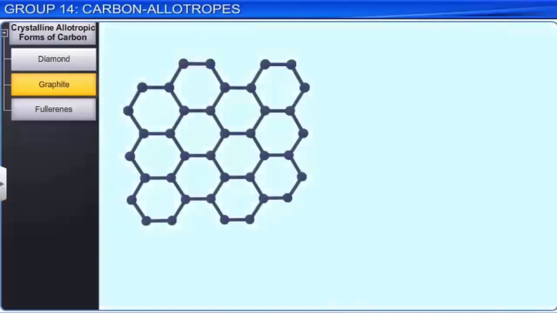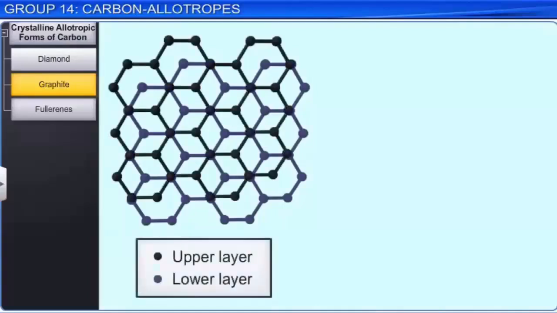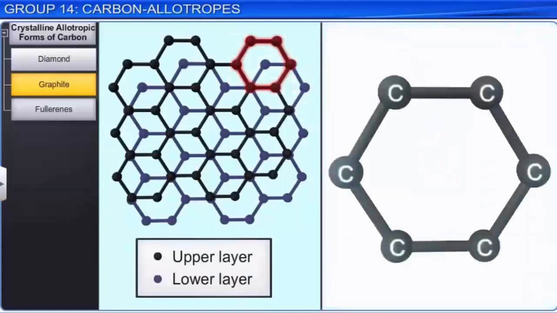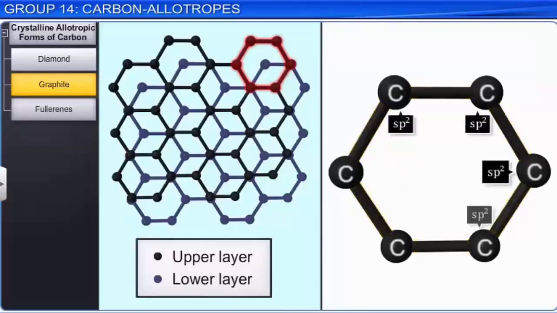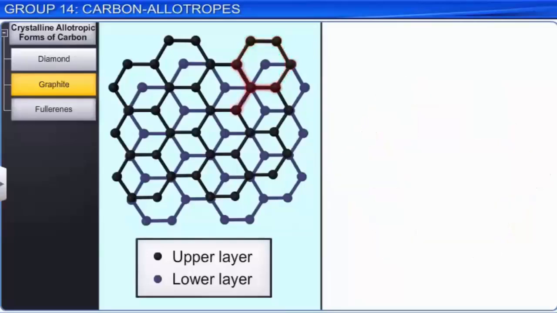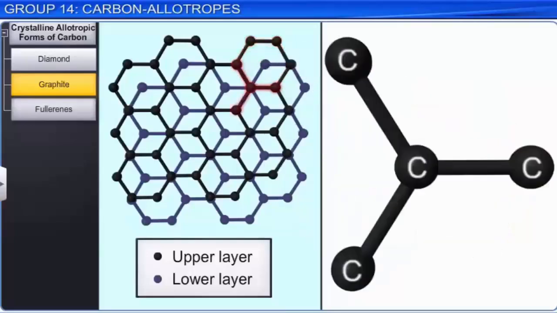Each layer of graphite is made from planar, hexagonal rings of carbon atoms as shown in the diagram. All the carbon-carbon bonds are 141.5 picometers in length. Each carbon in graphite is sp2 hybridized. Each atom forms 3 sigma bonds with its 3 neighboring carbon atoms.